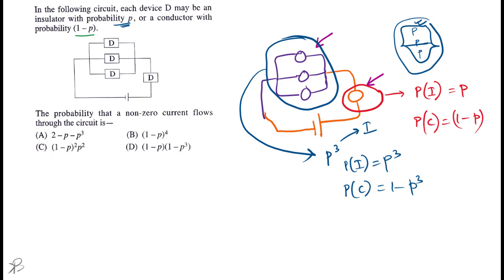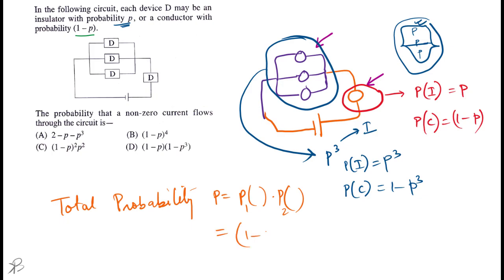The total probability will be P of circuit 1 times P of circuit 2, which is equal to 1 minus P cube times 1 minus P.